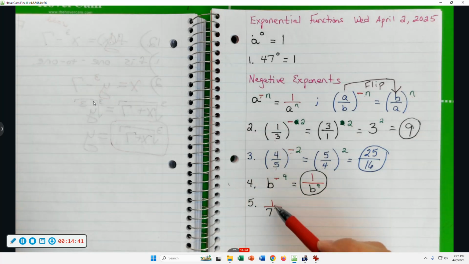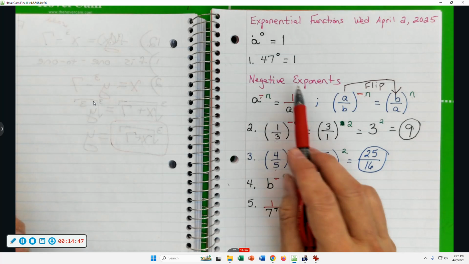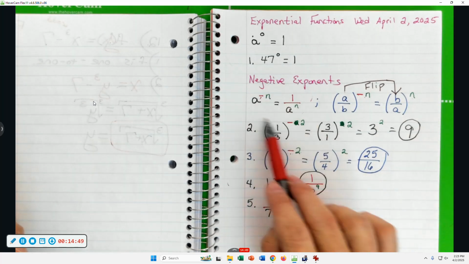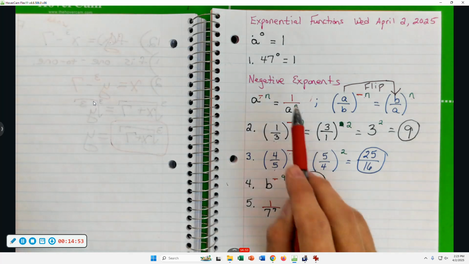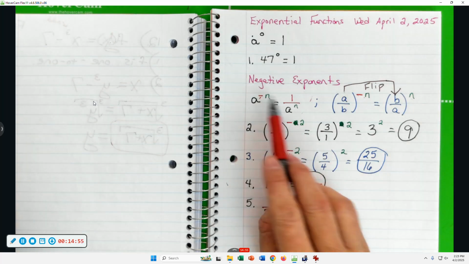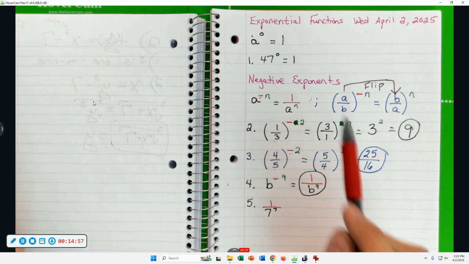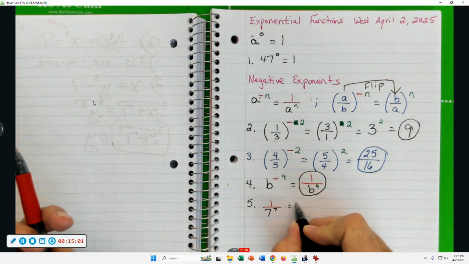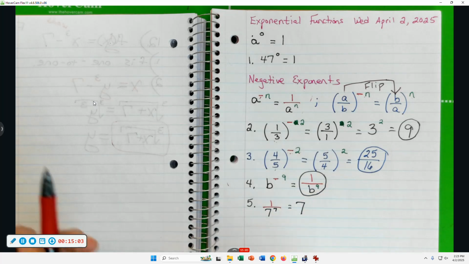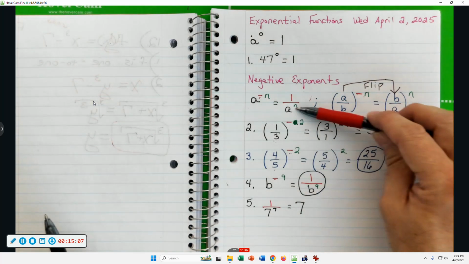So 1 over 7 to the 7. I'm going to look at this rule here. Go backwards. How would I write this with the negative exponent? Well, a negative exponent means 1 over. Anyone have any idea of what I'm going to do to write it with a negative exponent? I'm going backwards from this rule.